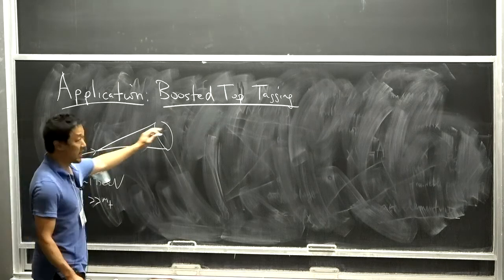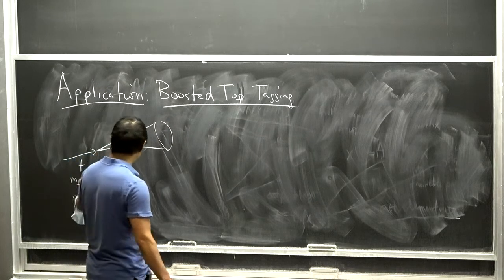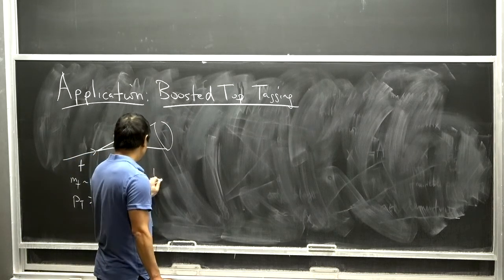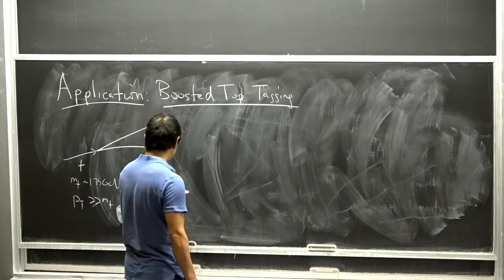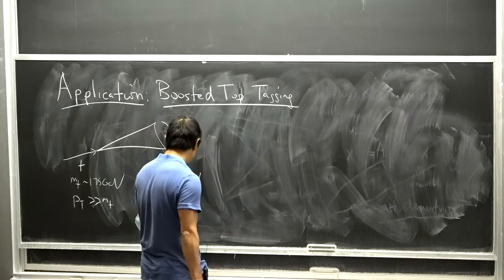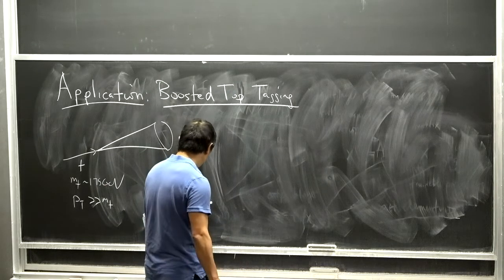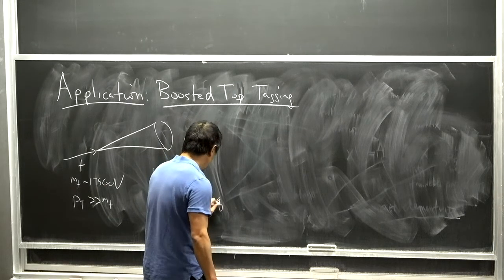Which means that its decay product is typically highly collimated, right? And so a top will always decay pretty much to a B quark and a W boson. And the W boson will typically decay to 2 quarks.